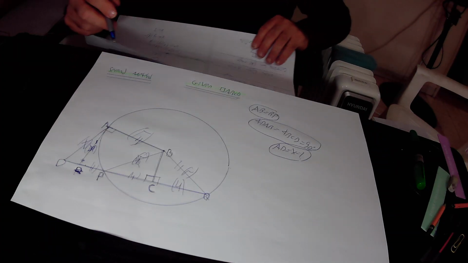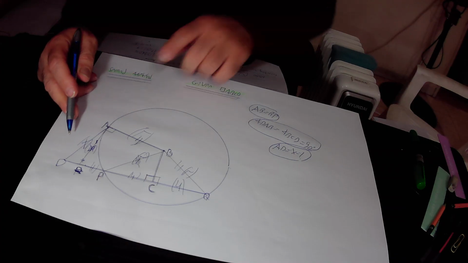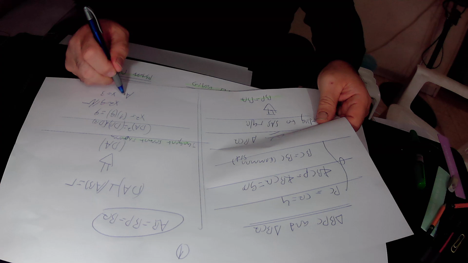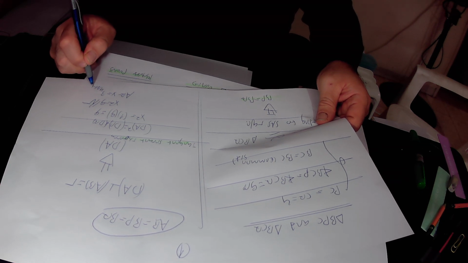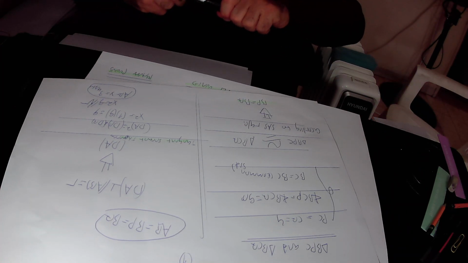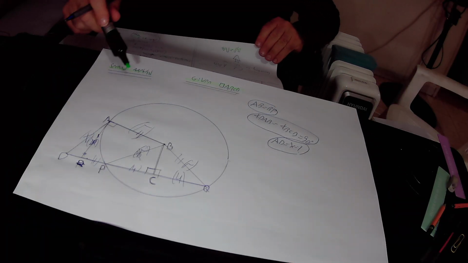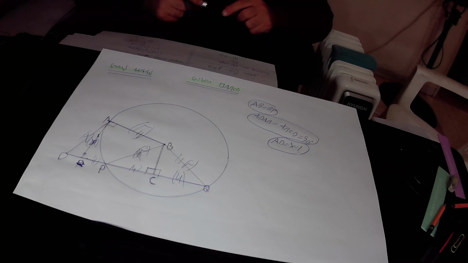So we found that line segment AD equals x, which equals 3 units in length. So with both methods, we found that the length of line segment AD equals x equals 3 units. So we finish with the second method of the second question.